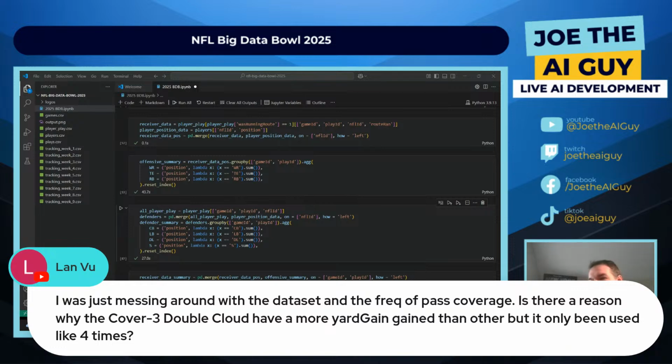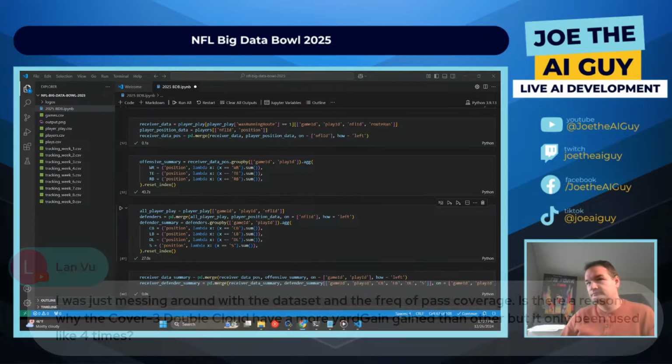And if it is an average and there's only 4 times, well, it's likely that some of those 4 plays have been outliers. If it's the absolute yard gain, then look at the number of coverages here and see how many times they all come up. And is that truly a good indication of how the data is being represented?